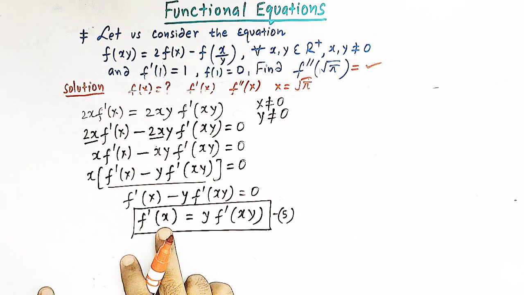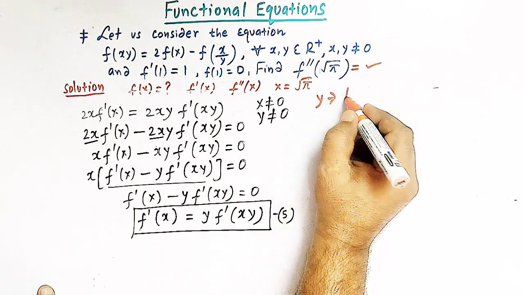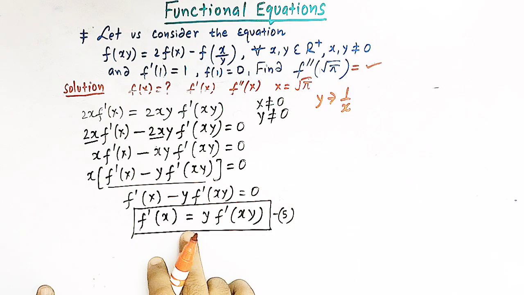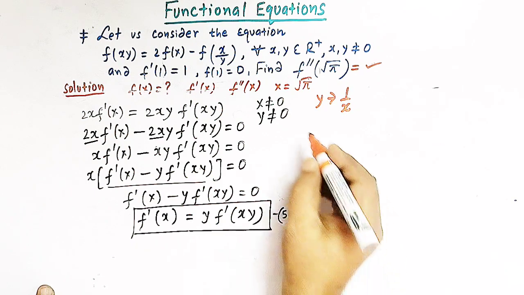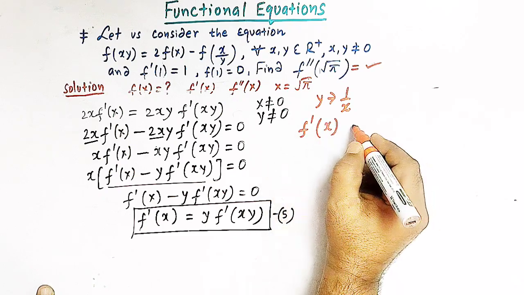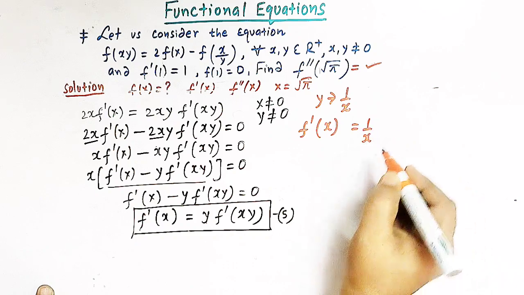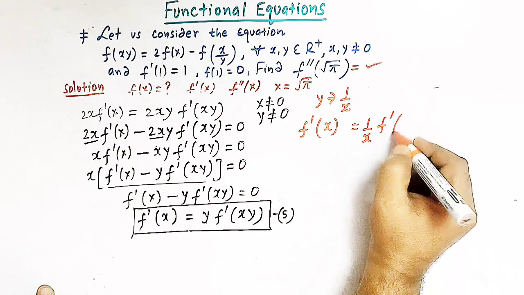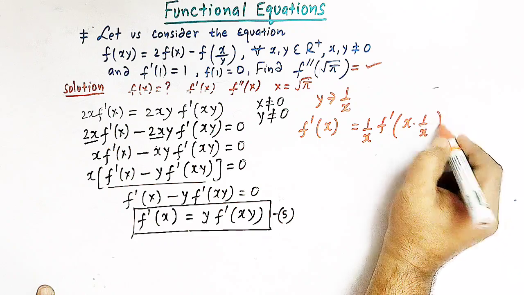So now let us replace y by 1 over x in this equation, that is equation number 5. So we have f prime of x, and for y we can now write 1 over x, and here we have f prime of x times 1 over x, right?